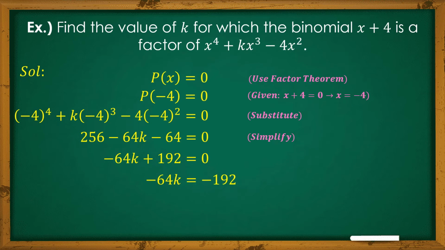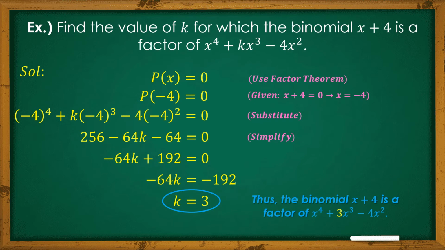By transposition, negative 64k is equal to negative 192. By division of both sides by negative 64, k is equal to 3. Thus, the binomial x plus 4 is a factor of x raised to 4 plus 3x cubed minus 4x squared. This is how we use the factor theorem for this example.